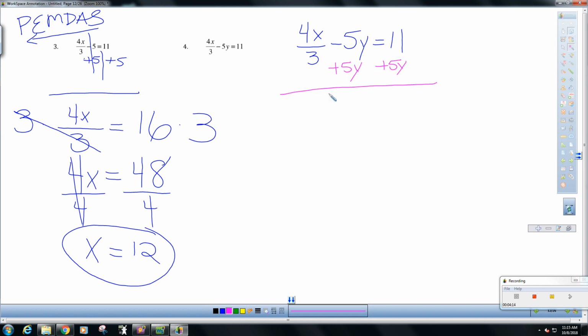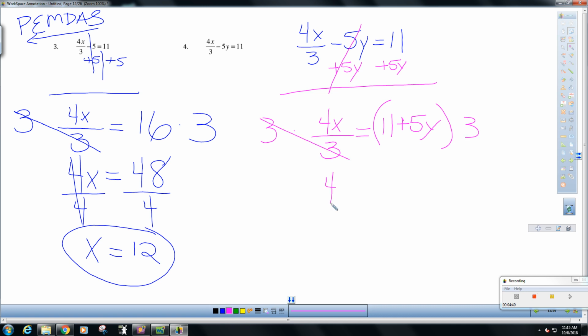Negative 5y and a positive 5y is gone, leaving me 4x over 3 is 11 plus 5y. Okay? Let's see, now I'll multiply both sides by 3. Get rid of the division.